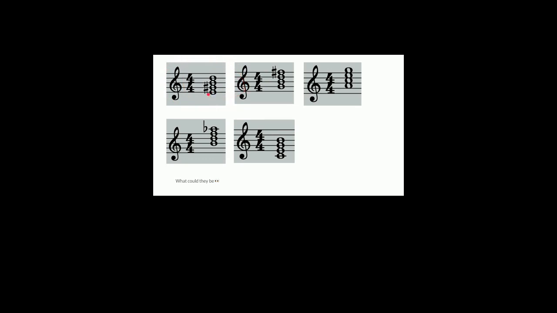Yeah, I'll give you guys the first one. This one is an E7. So it's an E dominant seventh chord. Anybody want to guess the second one? This one is a major triad with a major seventh on top.